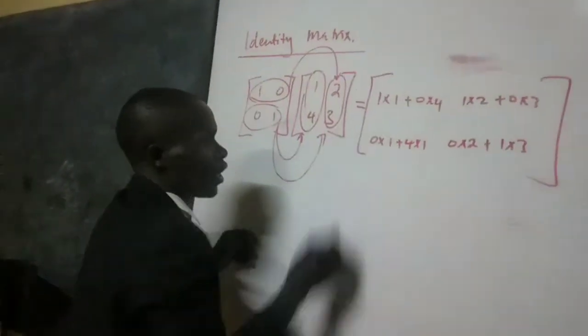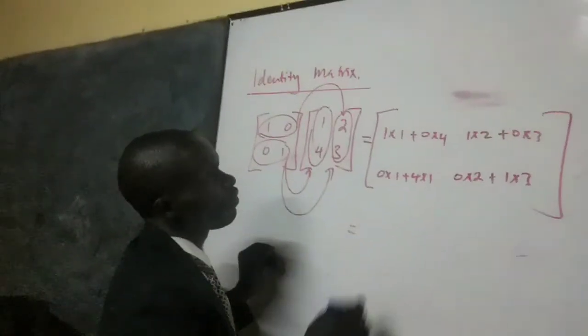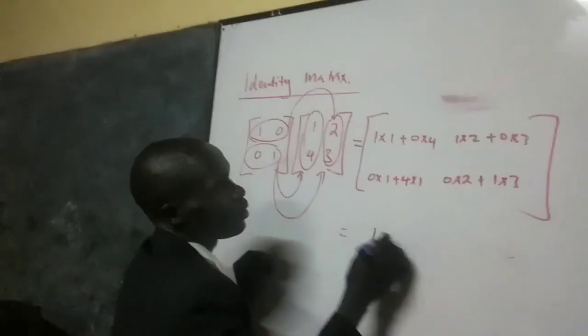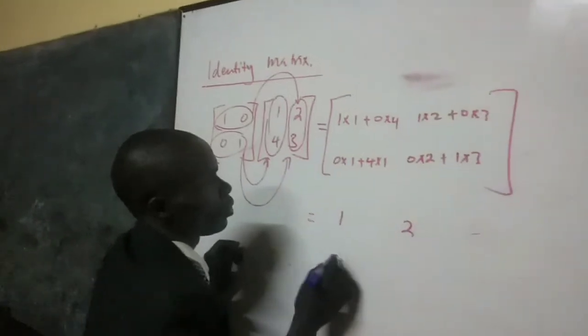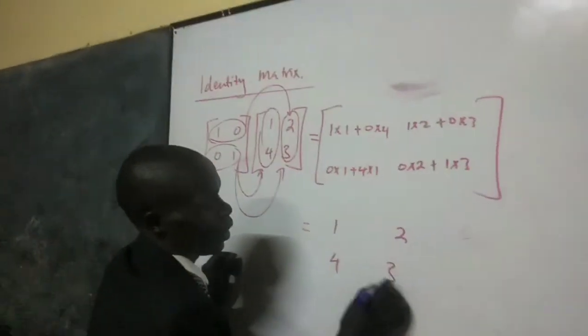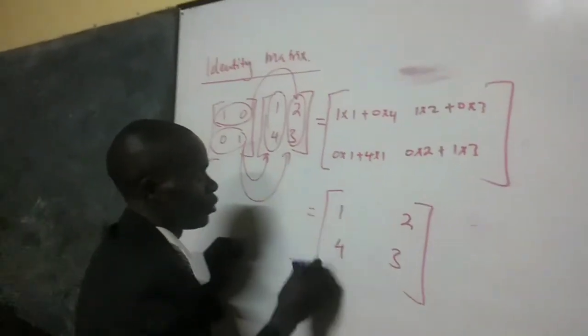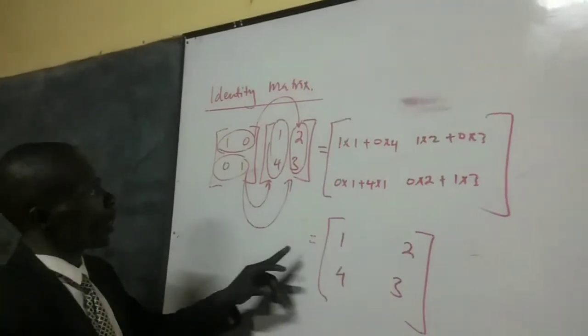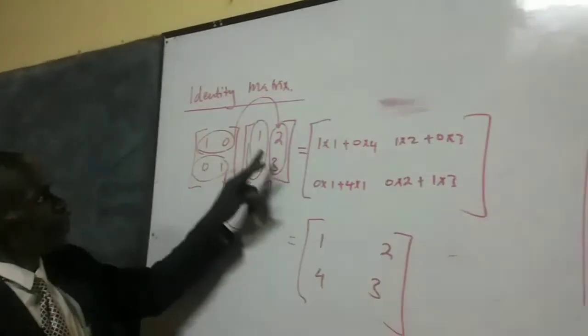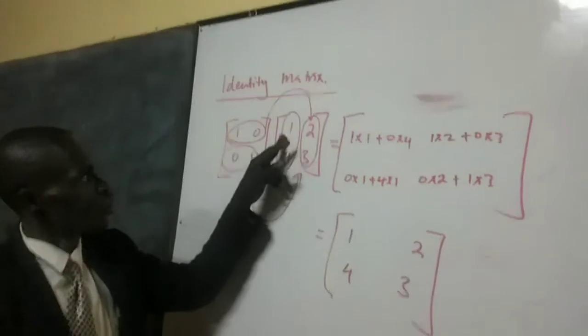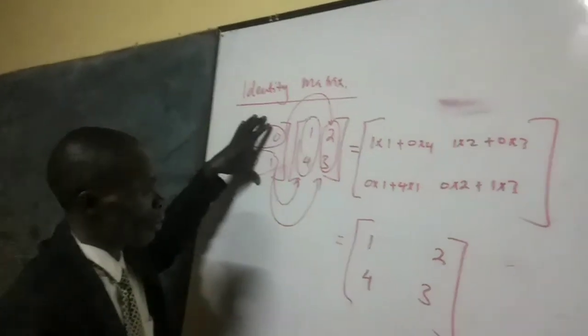And what do we have? We have 1, 2, 4, and 3. So we realize that we get the original matrix before we multiplied it by this particular matrix.